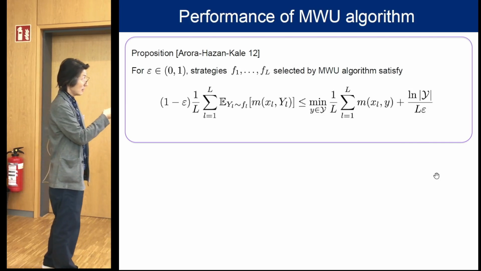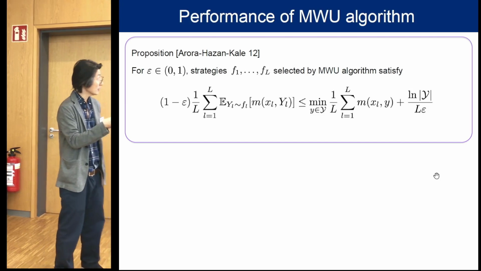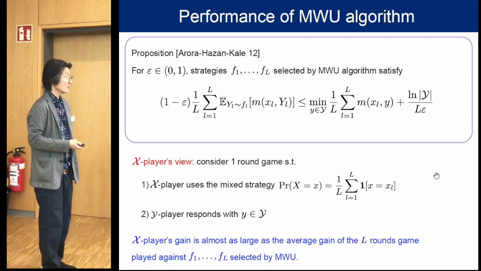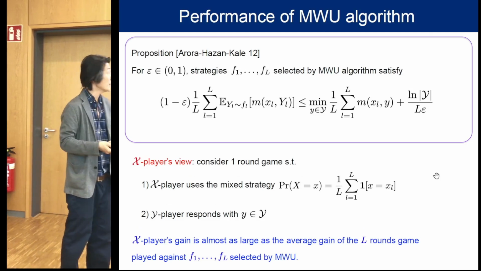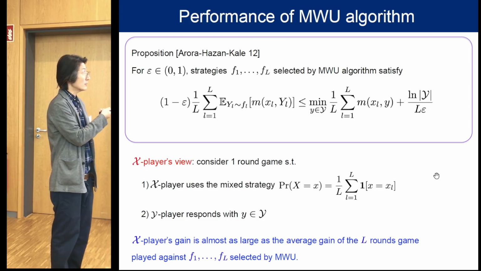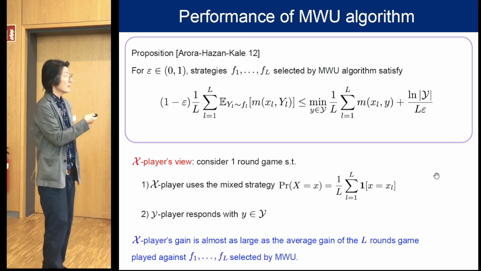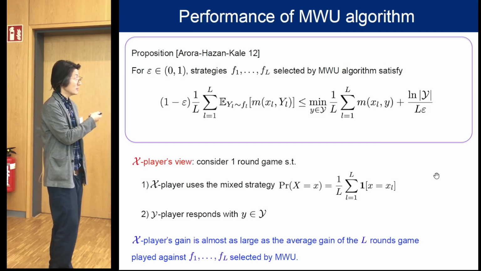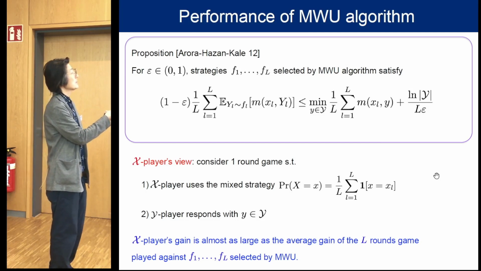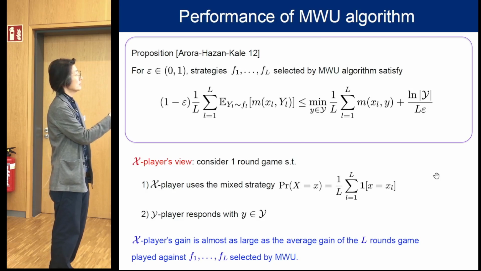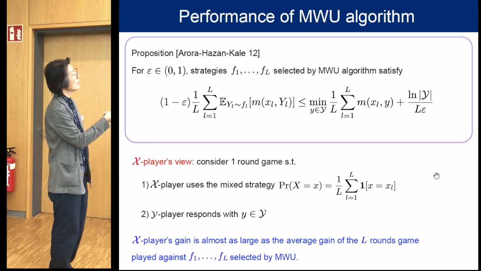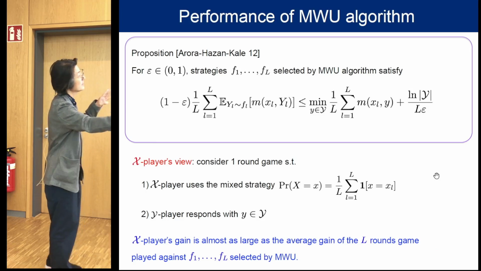So this is from Y player's viewpoint. And from X player's viewpoint, we can consider the following game. We consider just a one-round game such that X player first uses a mixed strategy such that the probability of symbol x, small x, is given by this empirical distribution: the frequency of symbol x that occurs in this sequence x_1 through x_L.